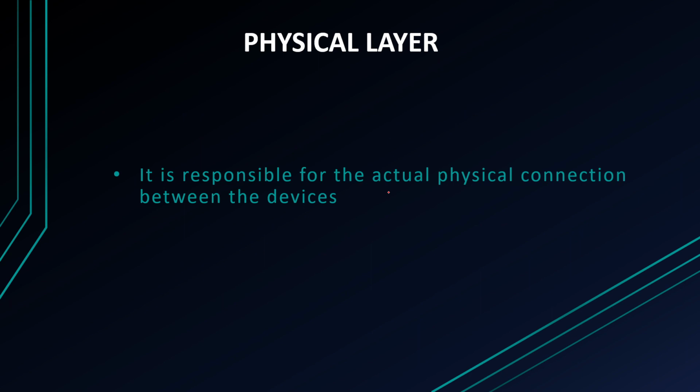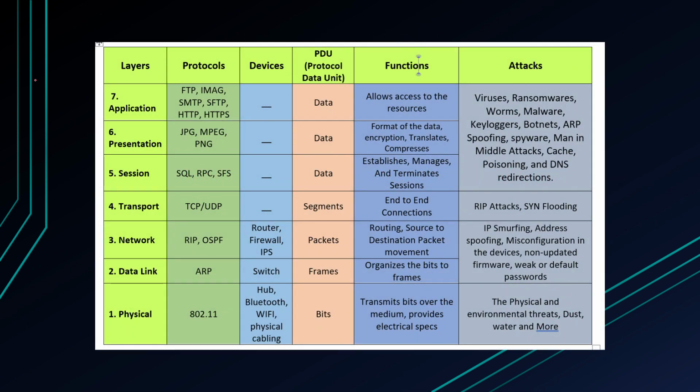So you may be thinking now, I told you the first time that I will also explain the attacks, which attacks happen in which layer. Don't worry, I prepared a table for you guys. This is the table. Application layer: protocols are FTP, SMTP, HTTP, HTTPS. The device is the computer and the protocol data unit is data. The function is to allow access to resources. These first three layers are the software layers.